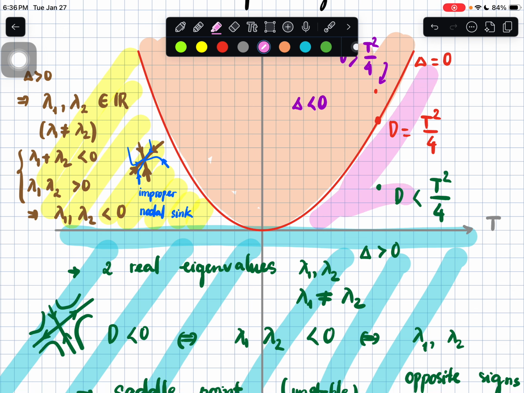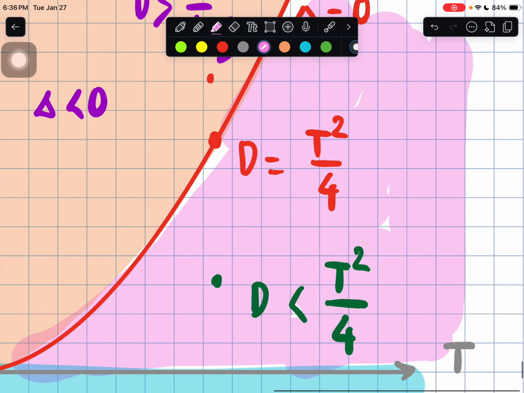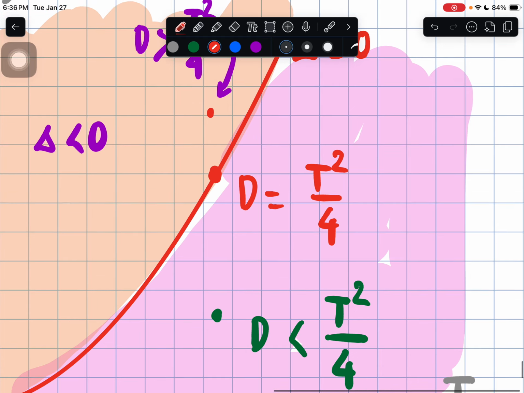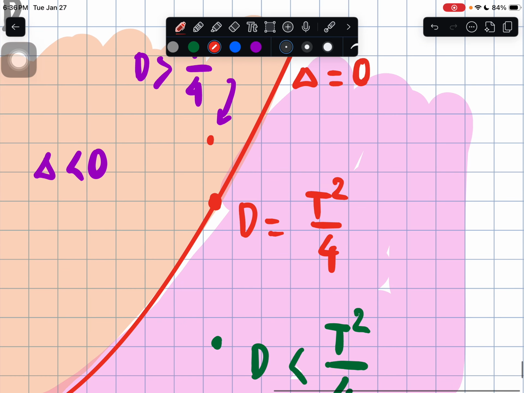Look at this region. So for this region, we know that we have two distinct eigenvalues, lambda 1 different from lambda 2.